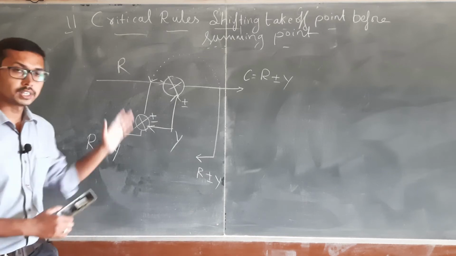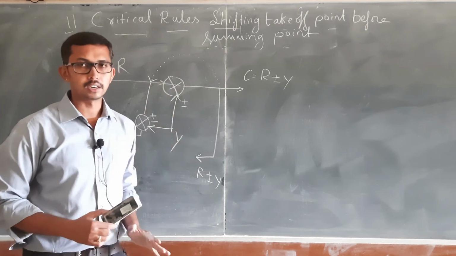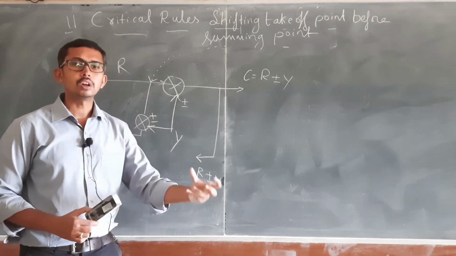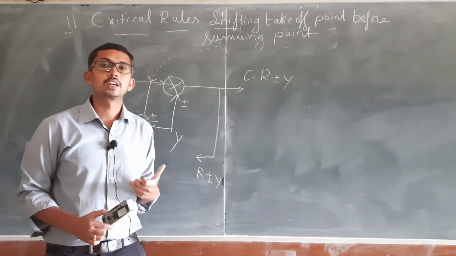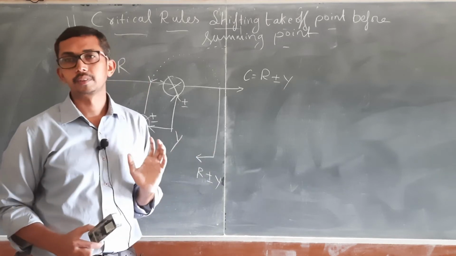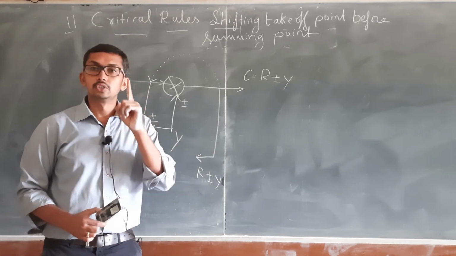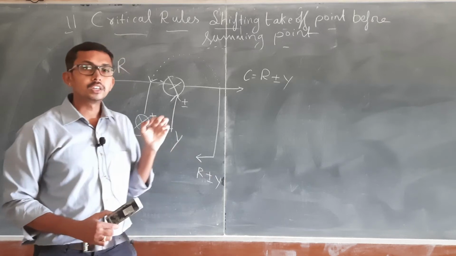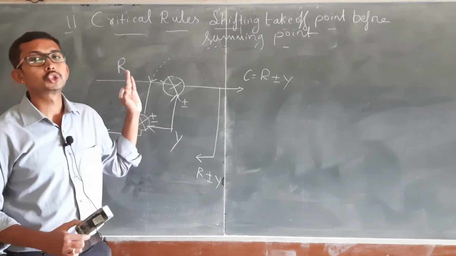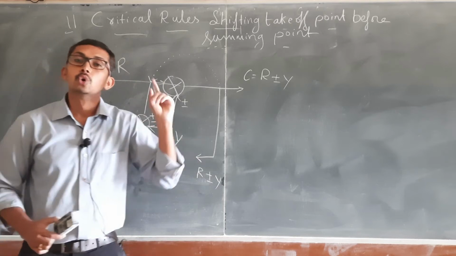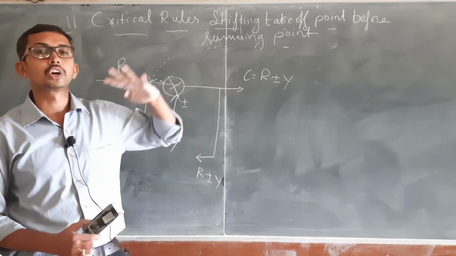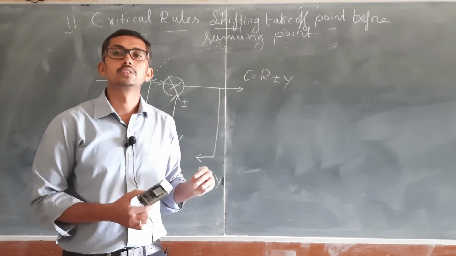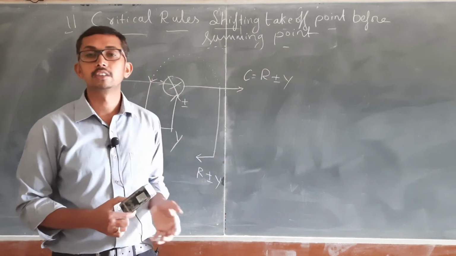Okay, these are the rules number 10 and 11. So now we are going to solve the problem based on these rules. How to apply these critical rules 10 and 11. And one more thing you have to remember: we are going to apply rules 10 and 11 only when we can't solve the problem by using the remaining 9 rules.